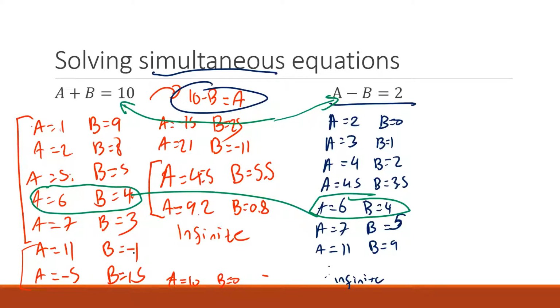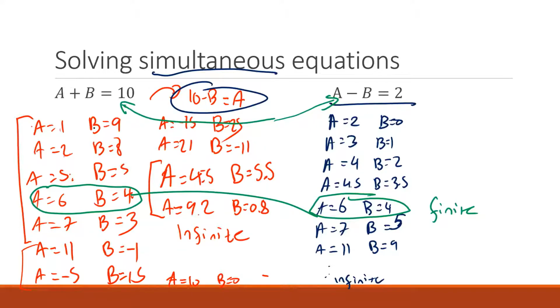When you start to get two simultaneous equations, you end up cutting the infinite down to the finite. When you say that two equations are related, they're simultaneous, they occur at the same time, then suddenly you can't have every single formula.